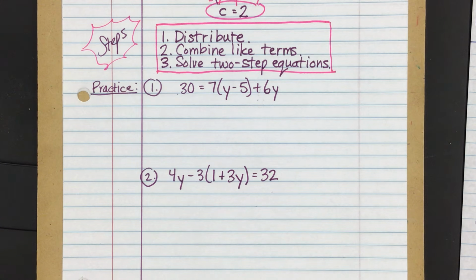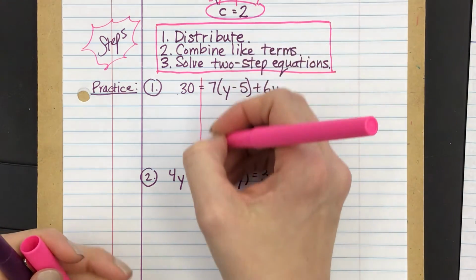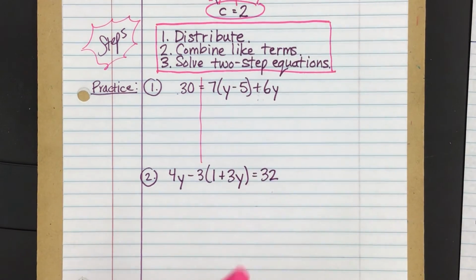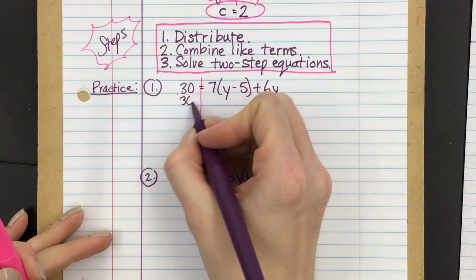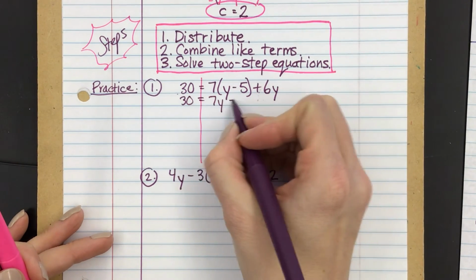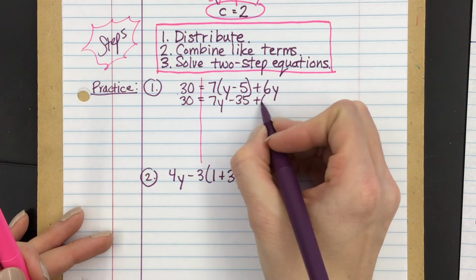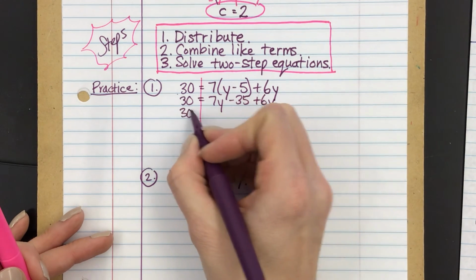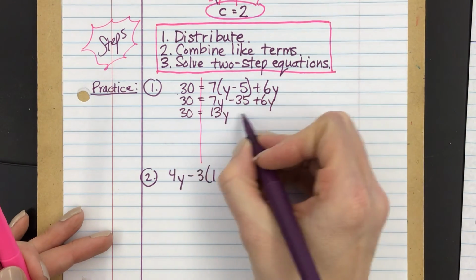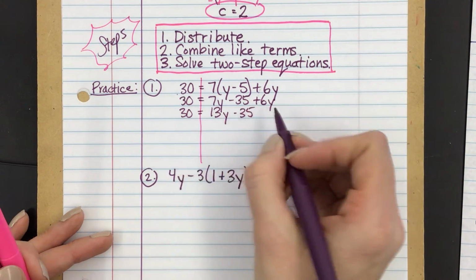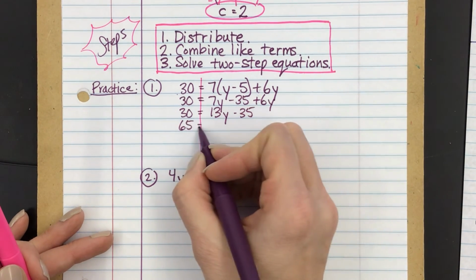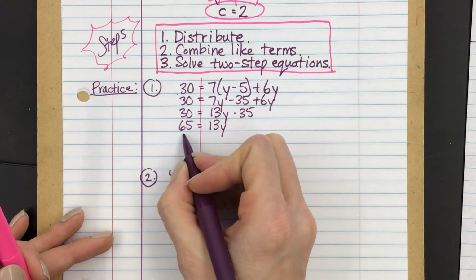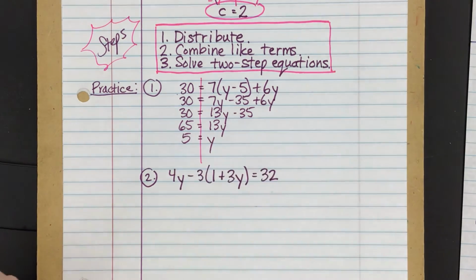What'd you guys get for that first one? 5. Did you all check your answers? Yeah. Okay, let me just quickly go through and solve just to make sure. Yeah, I would agree. Okay.